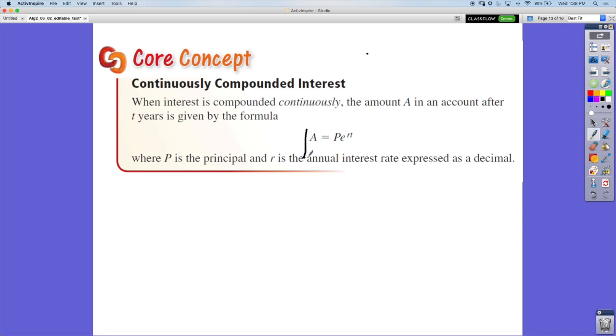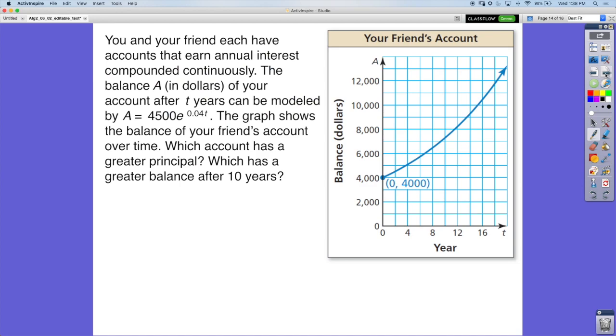Now continuously compounded interest. I call this PERT. So let's write it again. A equals capital P, which is your principal. E is Euler's number. R stands for rate. And T stands for time, time in years. Perfect.